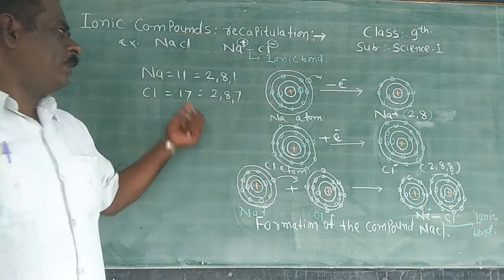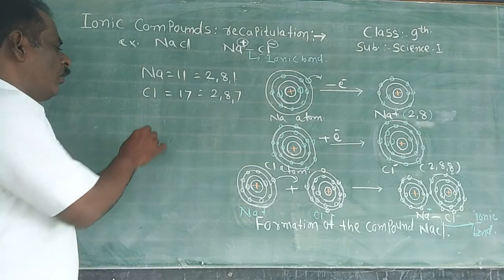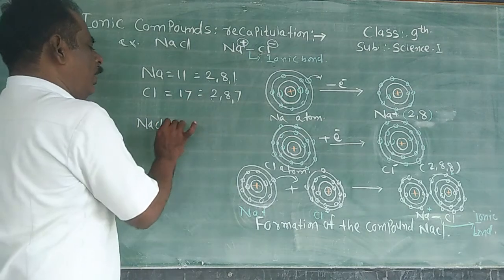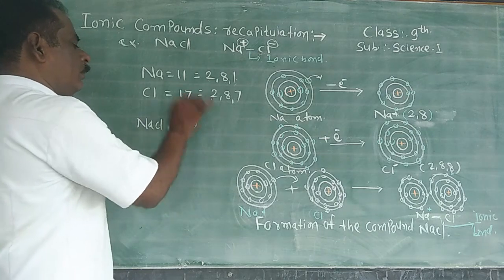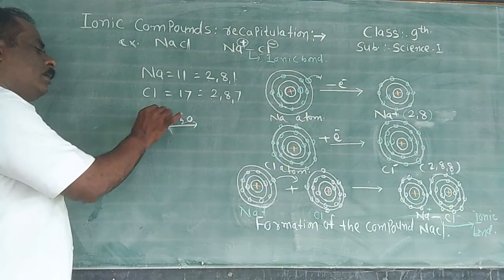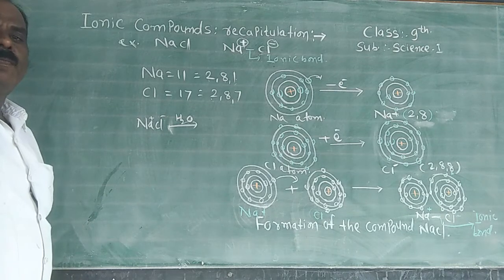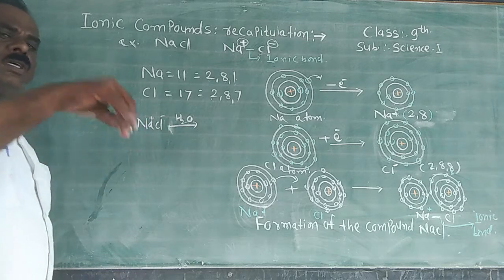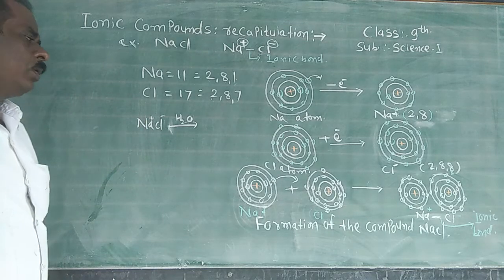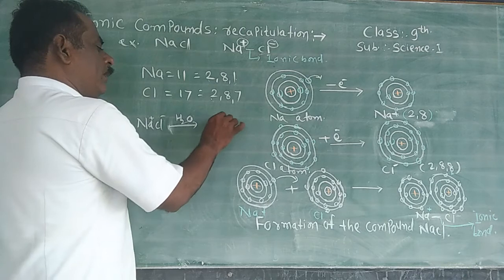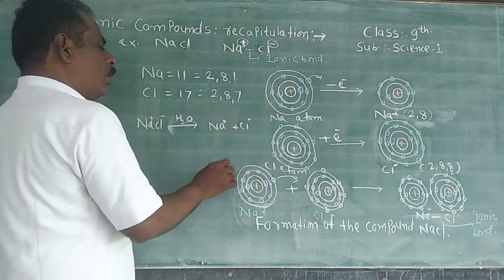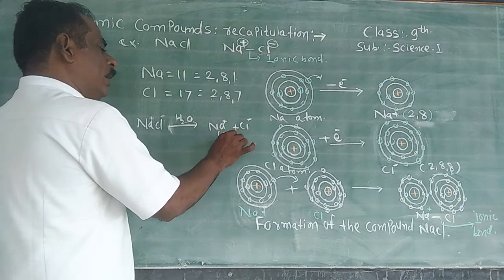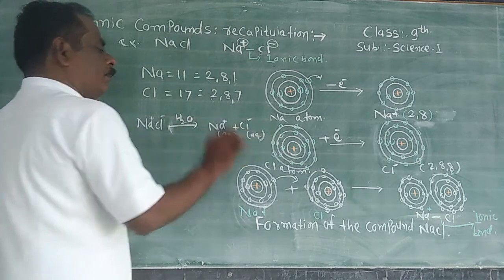Understand? Whenever sodium chloride is dissolved in water, these ions separate in the water and go into the empty spaces between the water molecules, and each ion is surrounded by water molecules, given by aq in brackets.